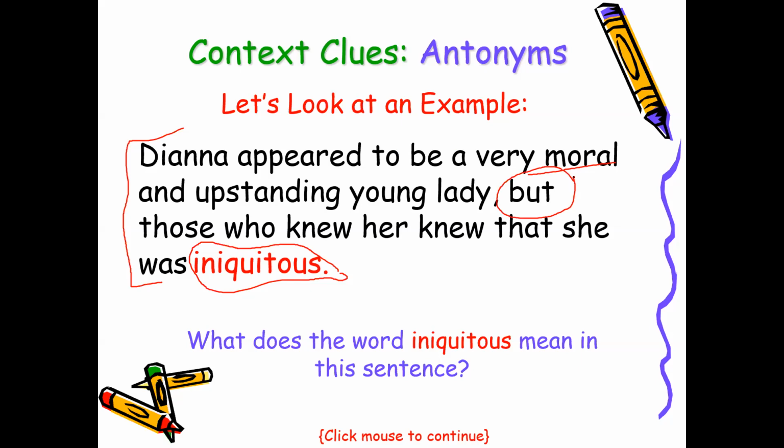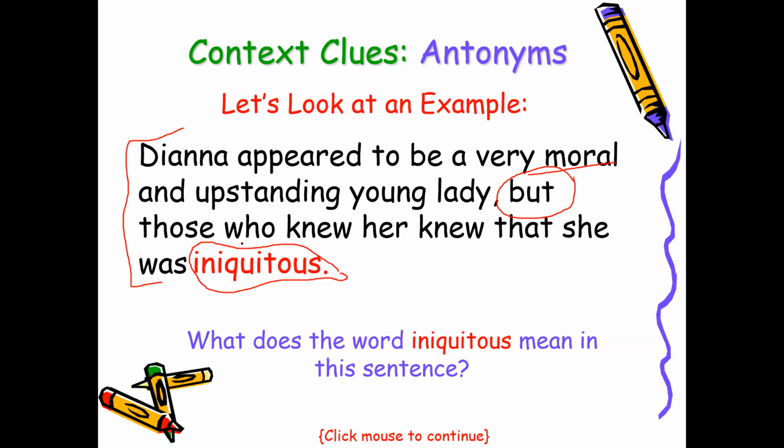So last time we were talking about transitions or linkers or words that have a specific function. So but here is a linker. We call it, it's one of the fanboys, and it shows contrast between the two parts of the sentence.